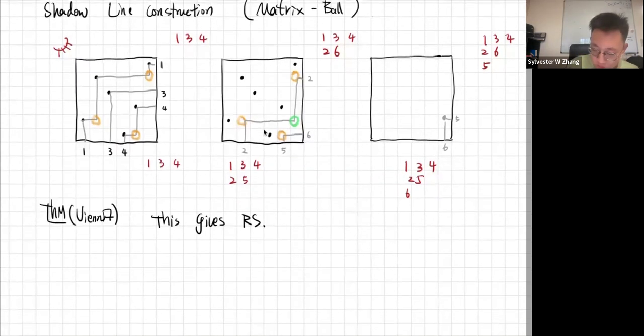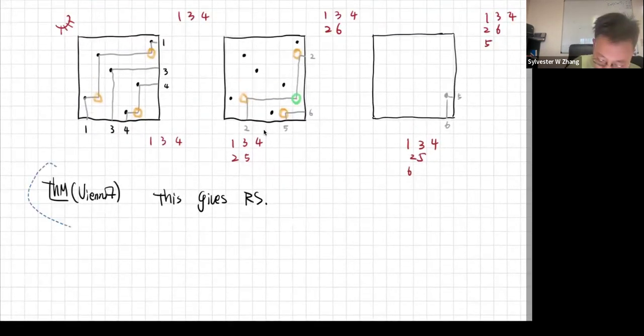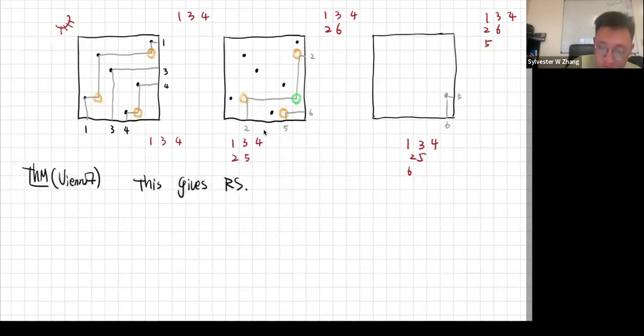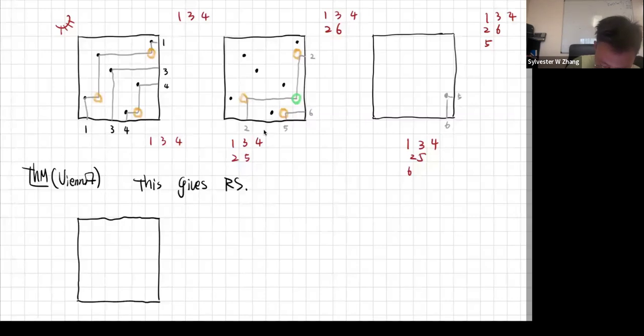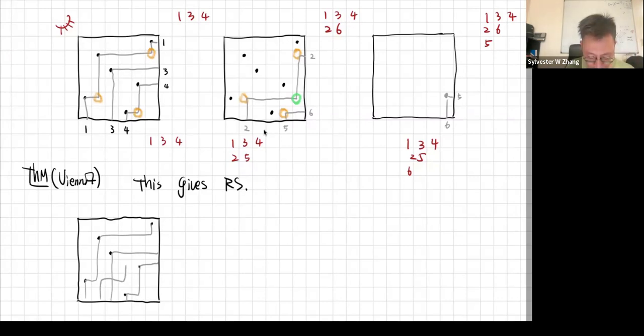So we have some shadow lines happening. Okay, and what I'm trying to tell you today is some new observation, which might not be new, that these shadow lines actually know the Greene-Kleitman duality. So you start from this permutation, and you have these collections of shadow lines.